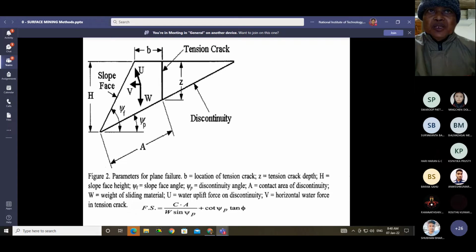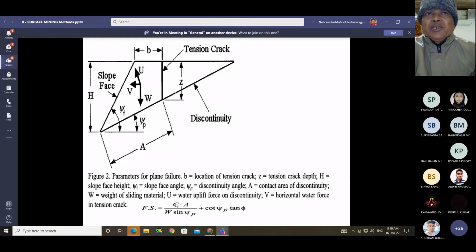Factor of safety is equal to C times A divided by W sin psi p, plus cot psi p times tan phi. So what is tan phi? Phi is the angle of internal friction for all materials. There is an angle which is called the frictional angle, or angle of internal friction.